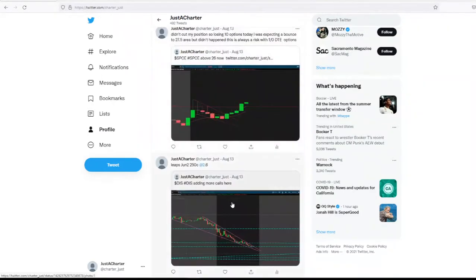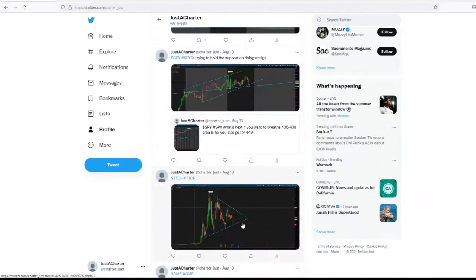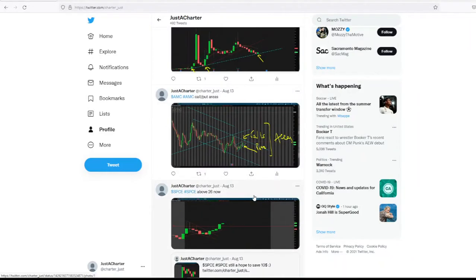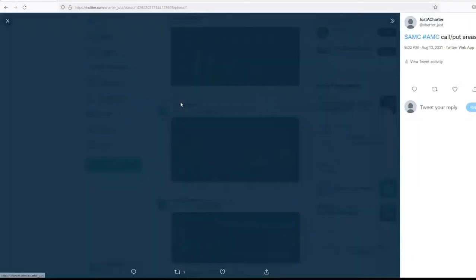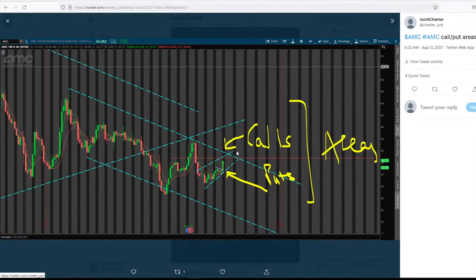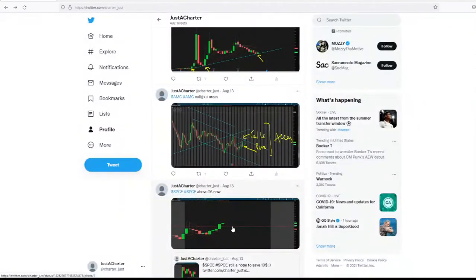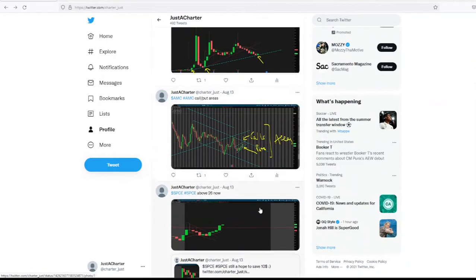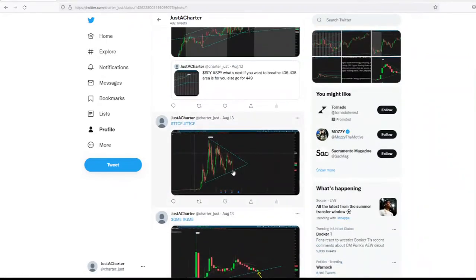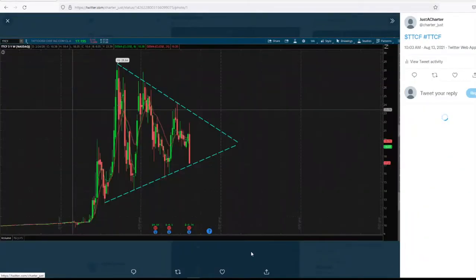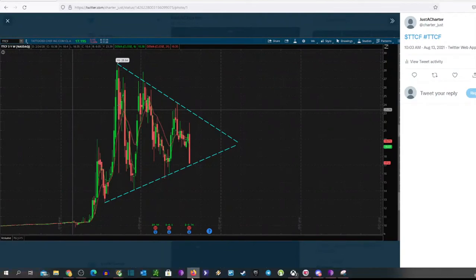There are a lot of signals given by me, and that's why I don't go to my previous signals. Here I posted for AMC: calls above this area, puts under this area. So that was the scenario for AMC. And there's this talk I also gave, like a TTCF.